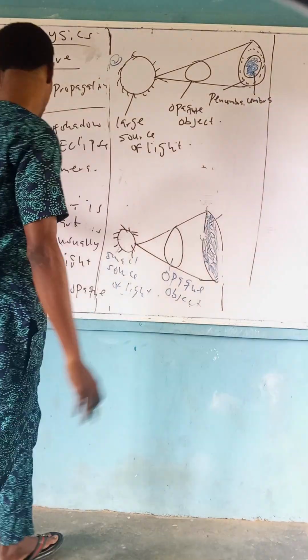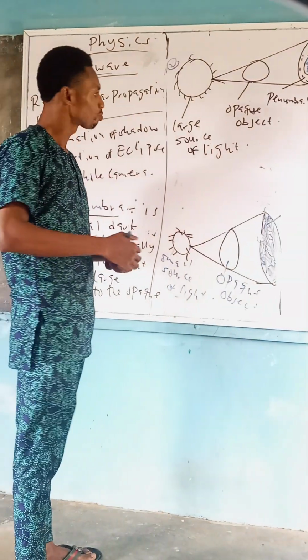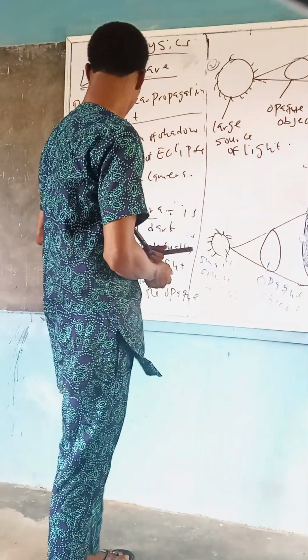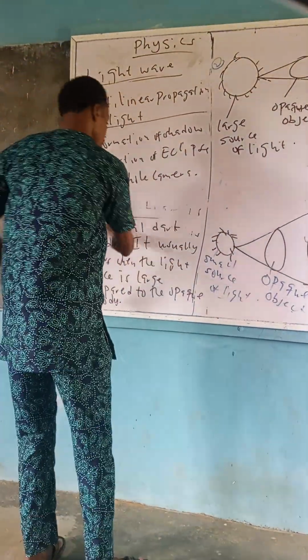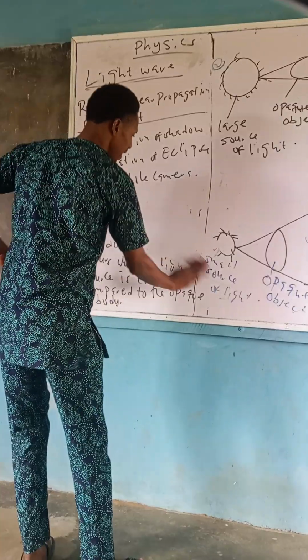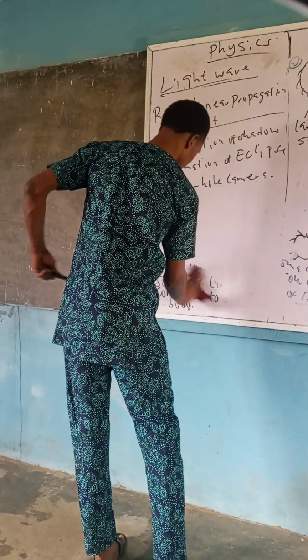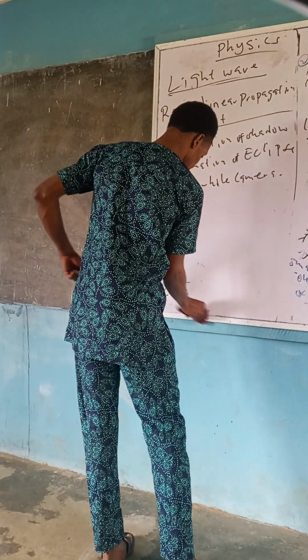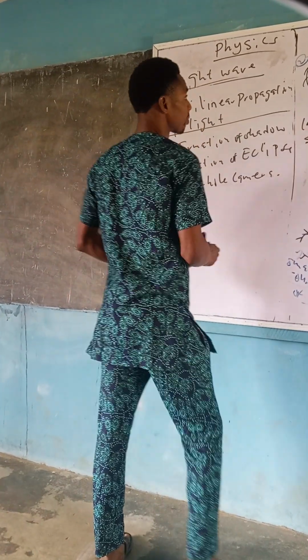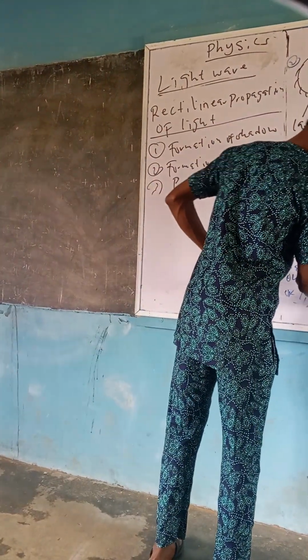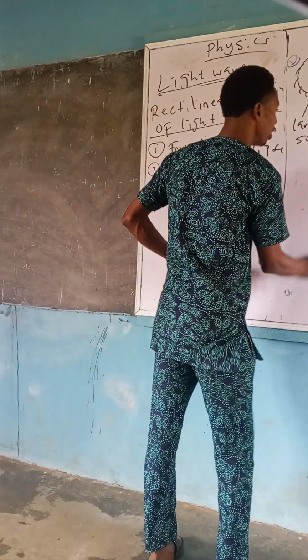That is that on shadow. Now, that is that on penumbra. So let's move to number 2. Let's explain eclipse.